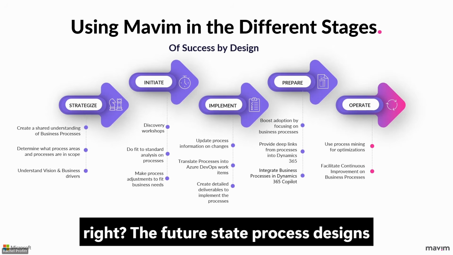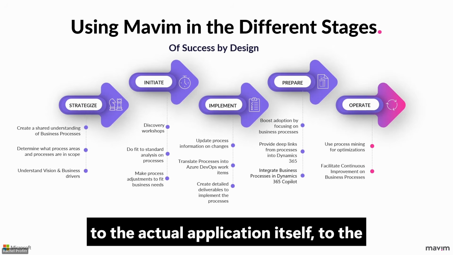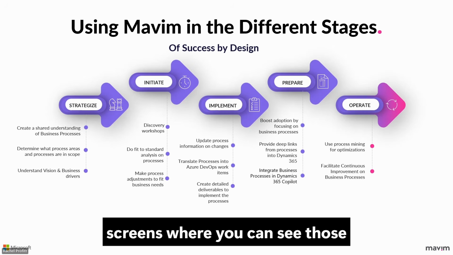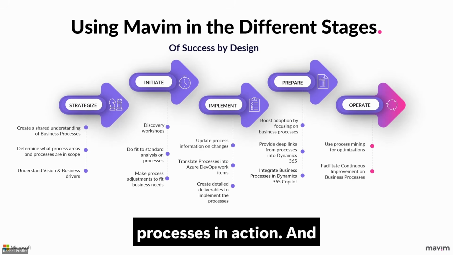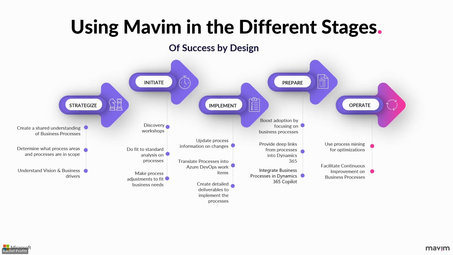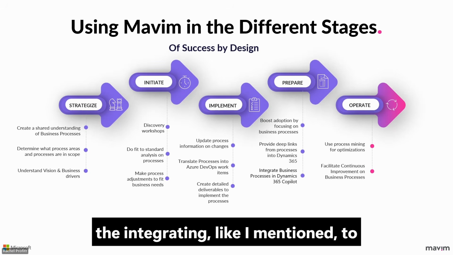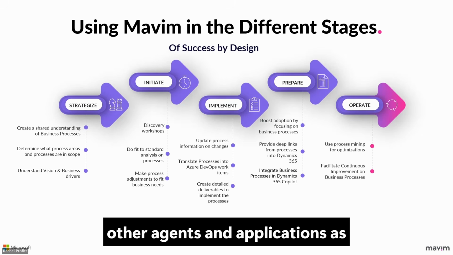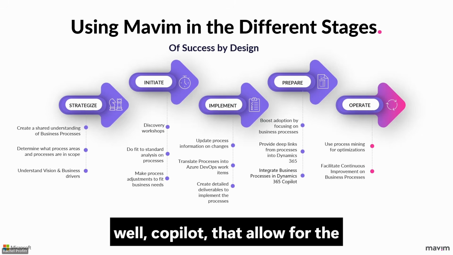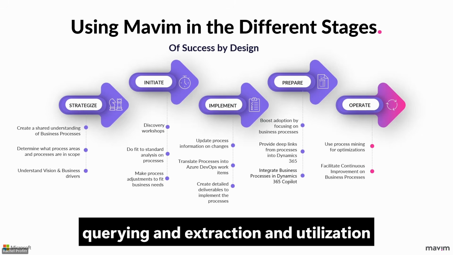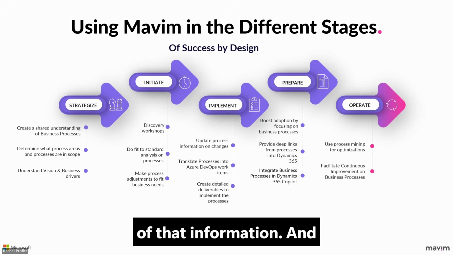The future state process designs to the actual application itself, to the screens, where you can see those processes in action. And the integrating, like I mentioned, to other agents and applications as well, Copilot, that allow for the querying, extraction and utilization of that information.